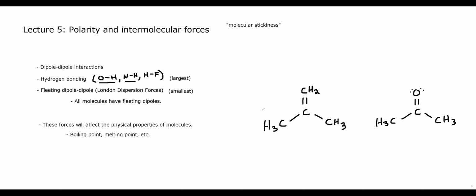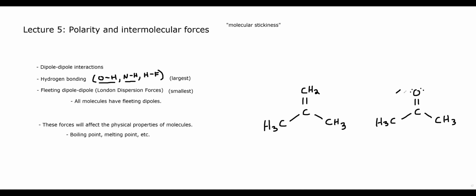So let's just consider the forces at play here. A fleeting dipole. Of course, these both have fleeting dipoles because all molecules have fleeting dipoles. Okay, so they both have some fleeting dipole. What about dipole-dipole? Isobutylene on the left has no polar bonds in it, so there are no dipoles for us to consider.